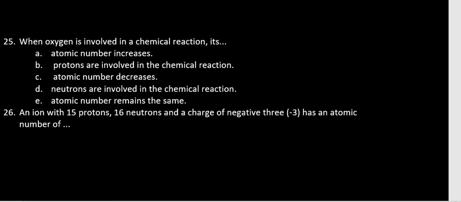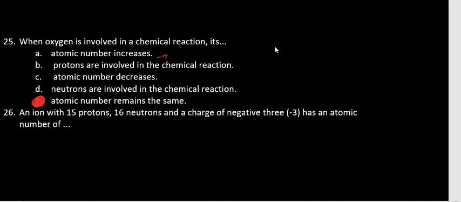When oxygen is involved in a chemical reaction, the atomic number doesn't change. Protons don't change. Atomic number decreases? No. Neutrons are involved? No. Atomic number remains the same. That's the answer.